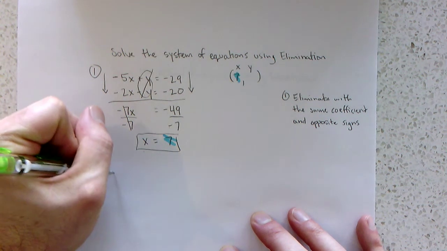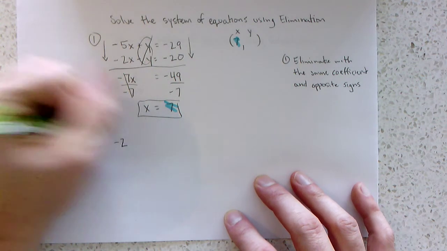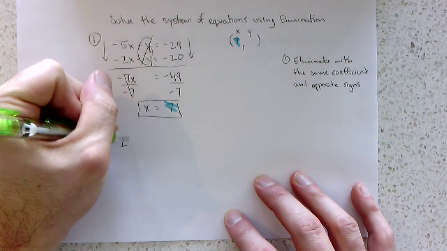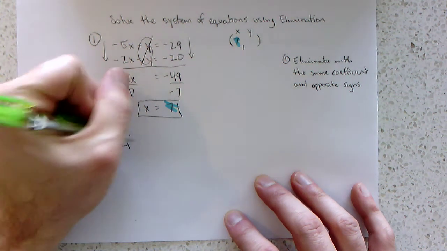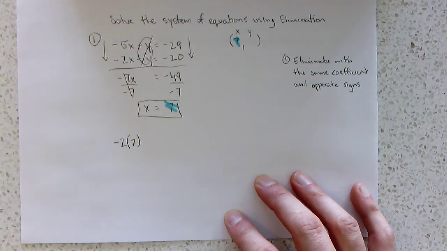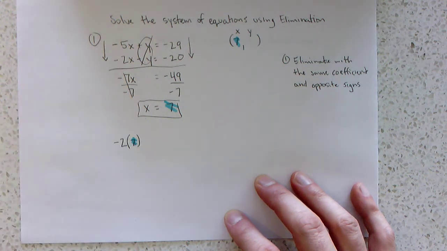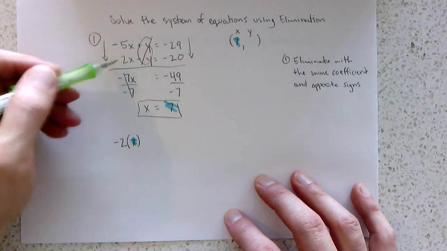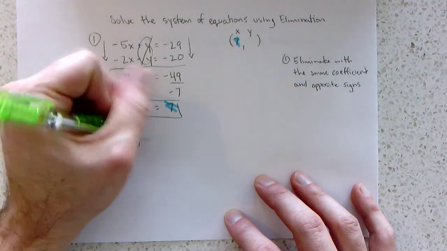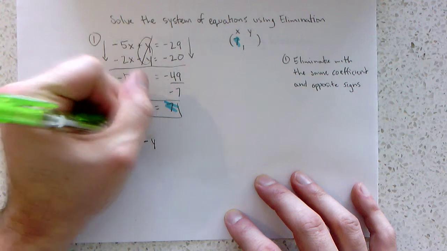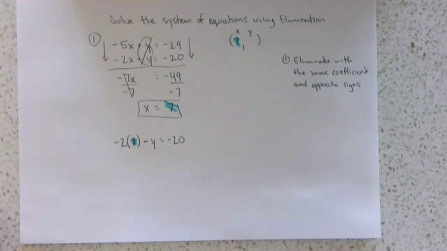So I'm going to rewrite that as negative 2, and then whenever I see the x, I'm going to plug in my 7. So you can have your x there in this equation. I'm just rewriting it. So I plug in my 7. So minus y equals negative 20.